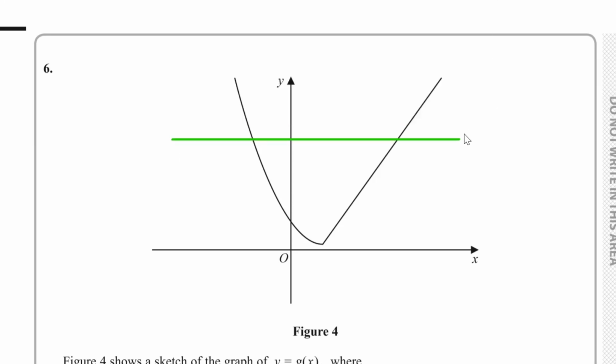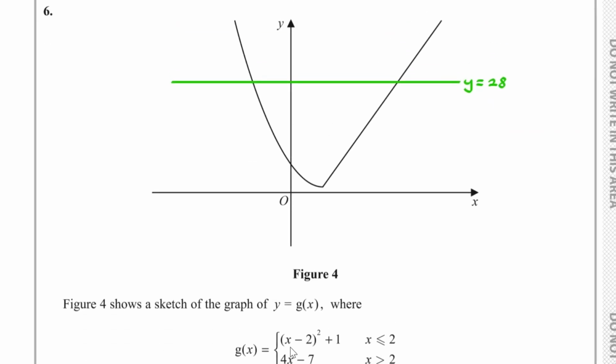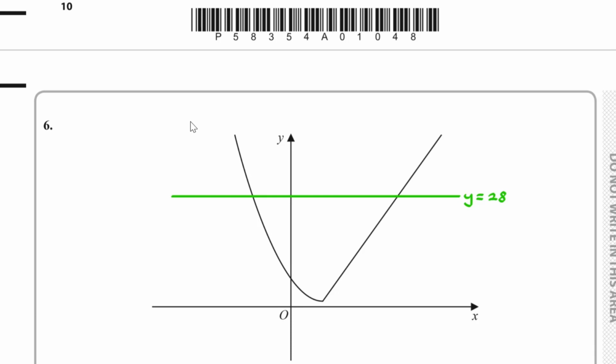So this is the line y equals 28, and we've got our piecewise function. We've got two separate bits to it. We've got this bit over here, x minus 2 all squared plus 1, and for the other bit we've got 4x minus 7.